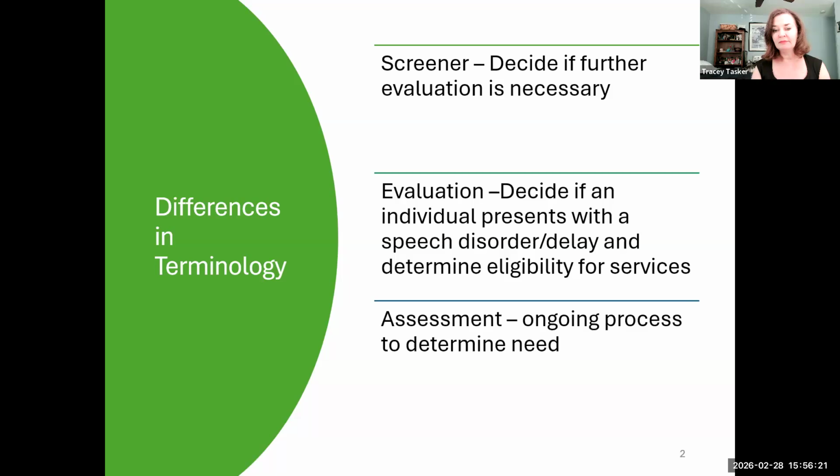So evaluation we do at the beginning of the process. Assessment is ongoing. We continue to assess students for their progress reports. If they're insurance patients, we continue to assess them so that insurance will continue to pay for their services. So assessment continues as long as you have someone on your caseload.